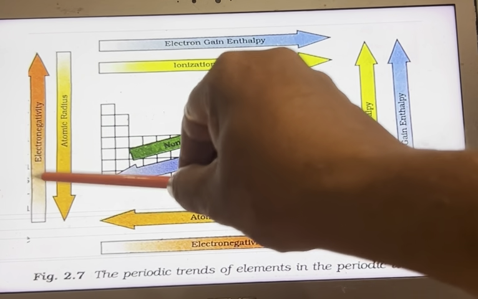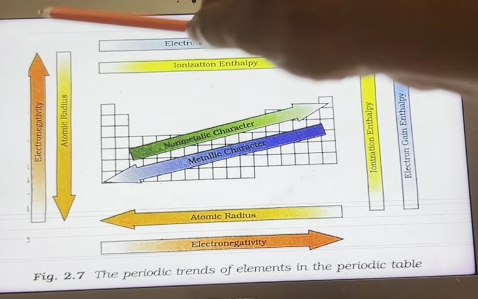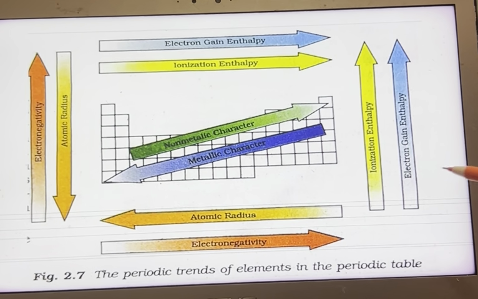Electronegativity decreases, ionization enthalpy decreases, electron gain enthalpy decreases. These three are friends: electronegativity, ionization energy and electron gain enthalpy decrease as you move from top to bottom in a group, whereas atomic size increases in a group due to the increase in number of orbits.